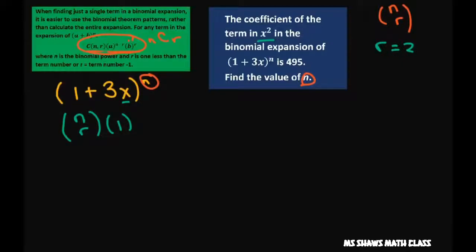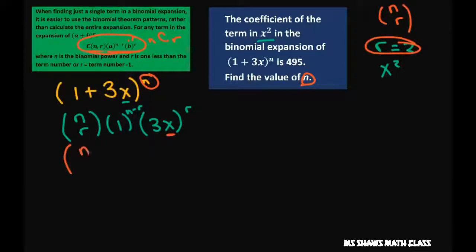We have our b is 3x to the r, and this is n minus r. We want x squared. So basically, to get a 2 for our x, r must be 2. So I know my r is 2, so I'm going to fill that in.